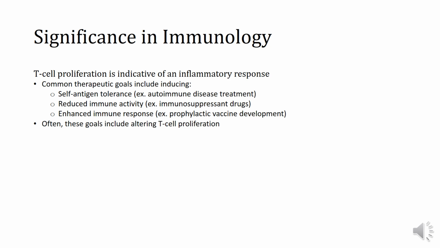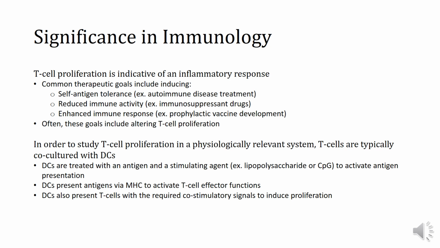Something that would similarly reduce immune activity, an immunosuppressive drug. You could also enhance the immune response in order to be better prepared to face some sort of antigen. That would be done with something like a prophylactic vaccine. A lot of these goals incorporate T-cell proliferation.